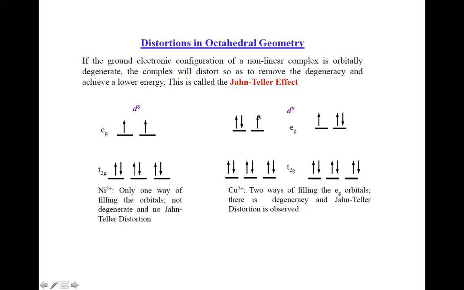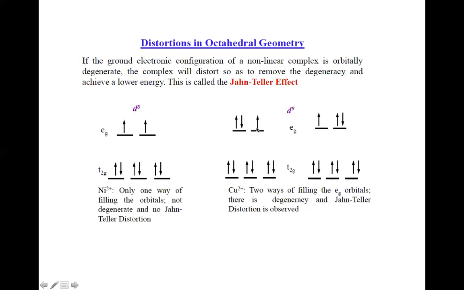On the other hand, in the eg level, out of 4 vacant sites, only 3 are filled by electrons, so it is a dissymmetric configuration, not symmetric.